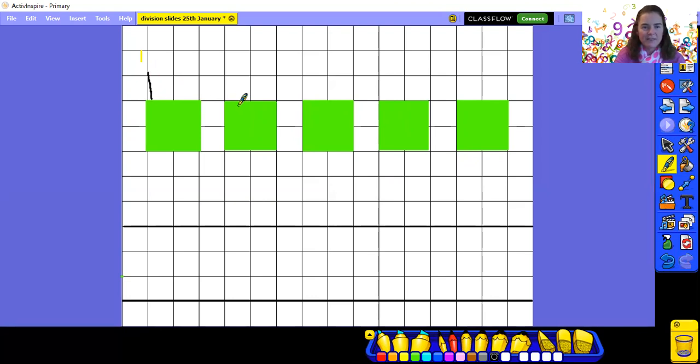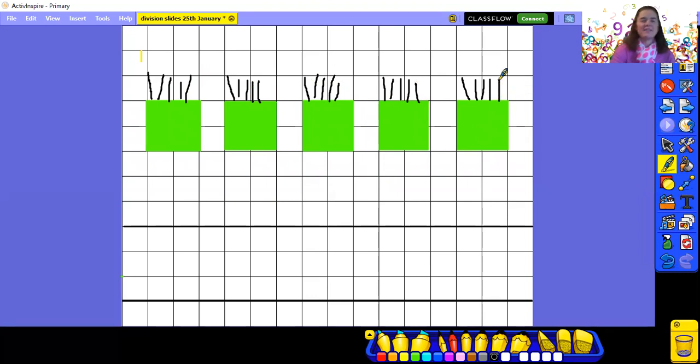So here's 1 sunflower, 2, 3, 4, 5, 6, 7, 8, 9, 10, 11, 12, 13, 14, 15, 16, 17, 18, 19, 20, 21, 22, 23, 24, 25.